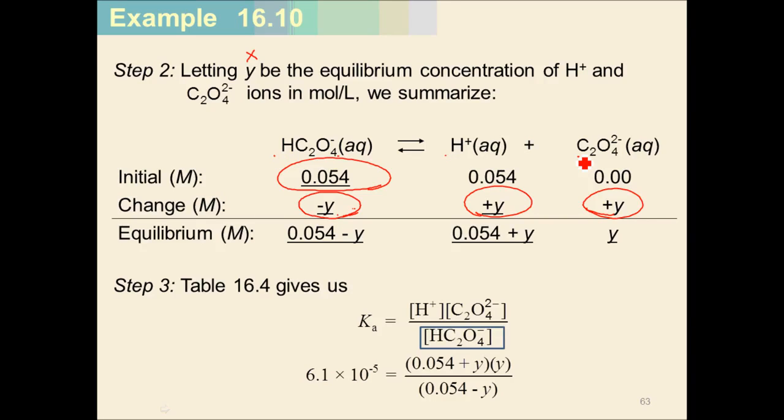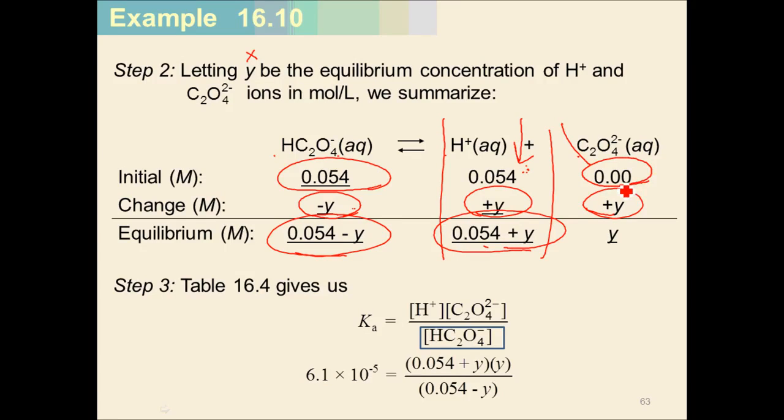So our equilibrium concentration in our ICE table for HC2O4 1- is 0.054 minus Y. The hydronium ion concentration was 0.054, so in the ICE table the concentration of hydronium is 0.054 plus Y. You didn't have any oxalate ion, so the amount of oxalate present in this second ionization will just be Y.